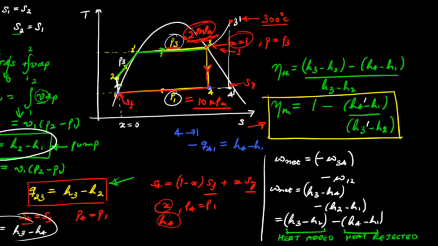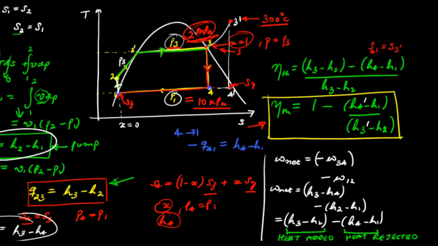Once you know pressure and temperature, you can calculate the enthalpy and specific entropy, and this specific entropy at state 3 prime will be equal to the specific entropy at state 4 prime.